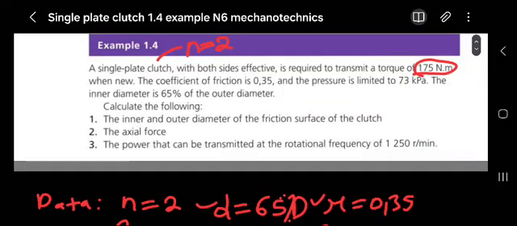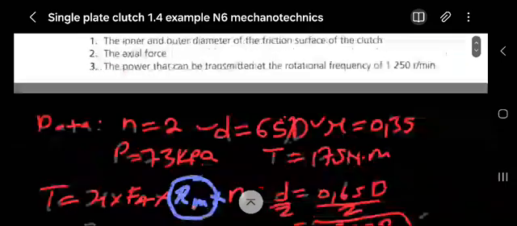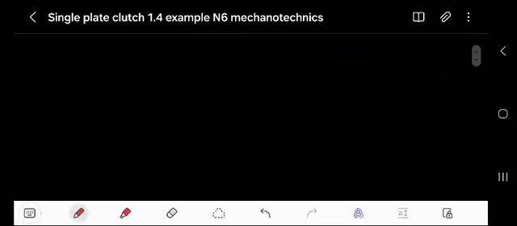Number 2 says calculate the axial force. Axial force, okay, guys. Now is number 2. Axial force, we'll find it from the torque. Why? Because we have a torque.